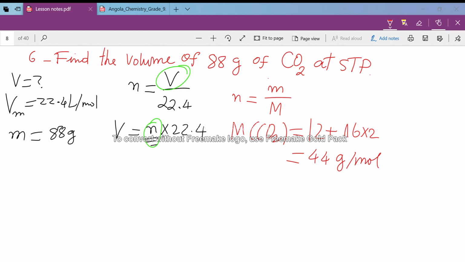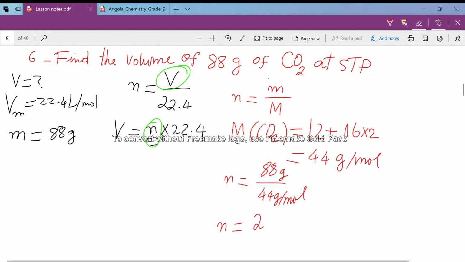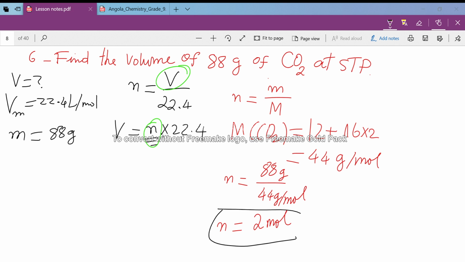With that information, now we can find the number of moles. Number of moles will be the mass, 88 grams, divided by 44 grams per mole. Then number of moles is 2 moles. Now we have the number of moles, we can find the volume.